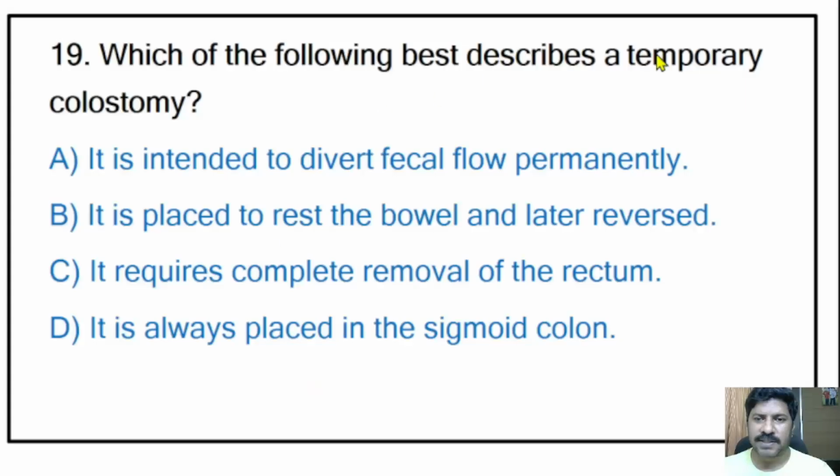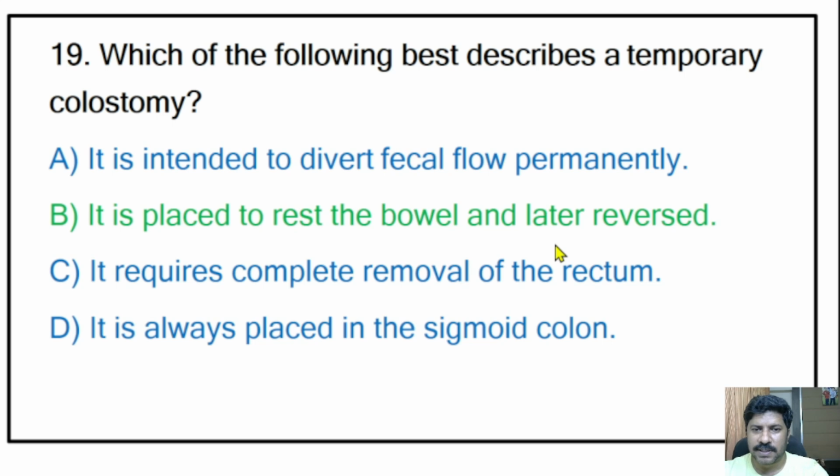Which of the following best describes a temporary colostomy? It is intended to divert fecal flow permanently. It is placed to rest the bowel and later reversed. It requires complete removal of the rectum. It is always placed in the sigmoid colon. So the correct answer here is: it is placed to rest the bowel and later reversed.